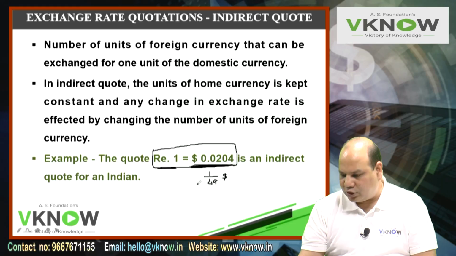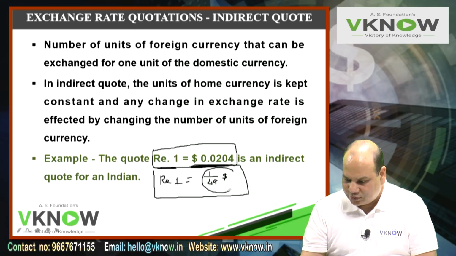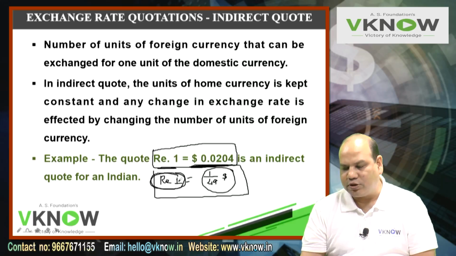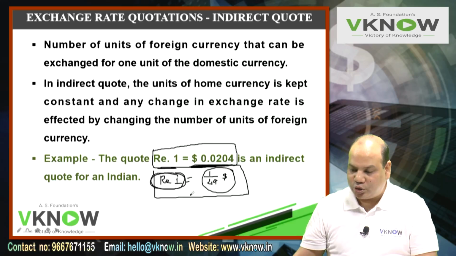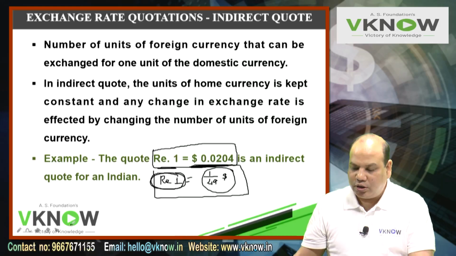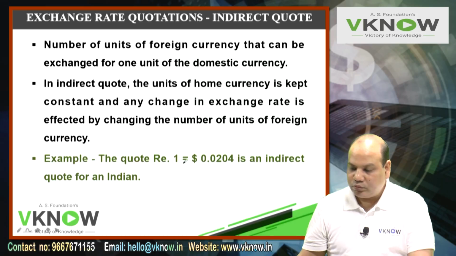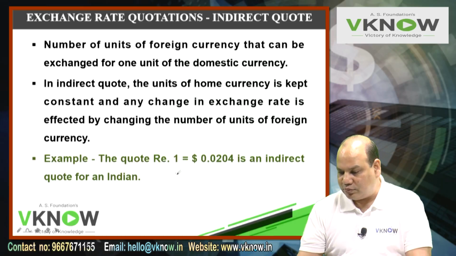So 1 by $49 is equal to rupee 1. In India, this will be an indirect quote because foreign currency per unit of home currency becomes an indirect quote. But in India we don't use this way of quotation. However, you must know, because in some questions which we are going to solve very soon, they have given you indirect quotation.